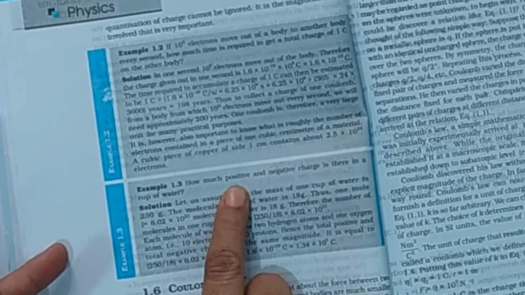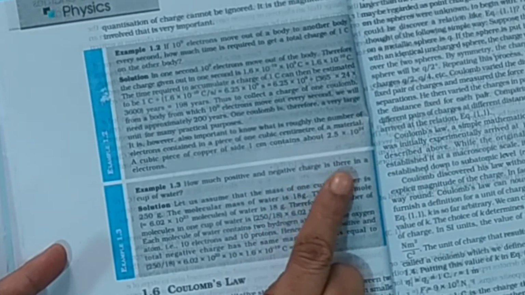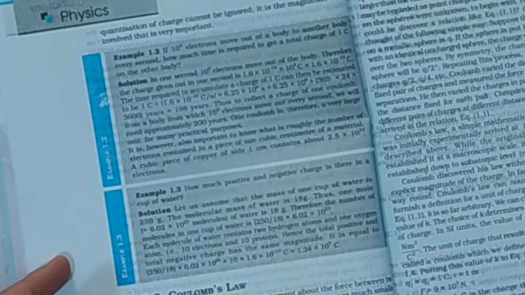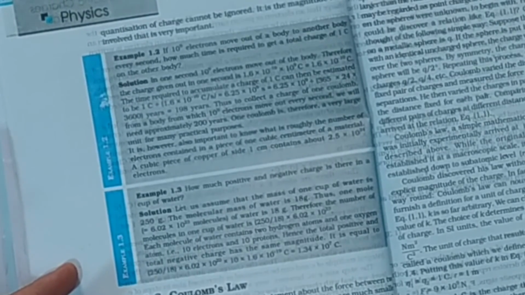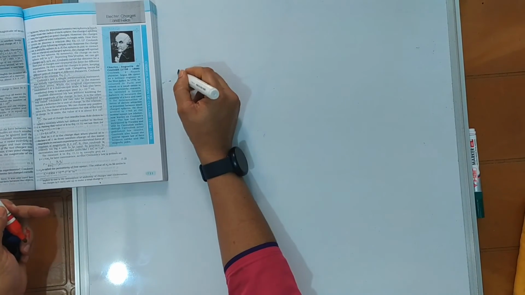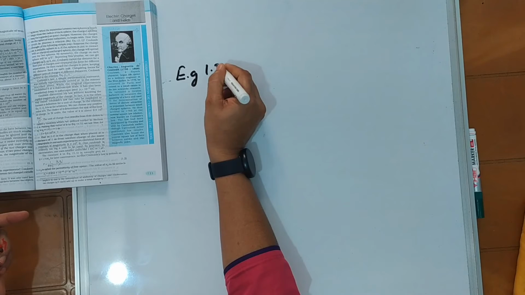How much positive and negative charge is there in a cup of water? So in 1 cup of water, how much negative and positive charge is there? Let us calculate this. Example 1.3.